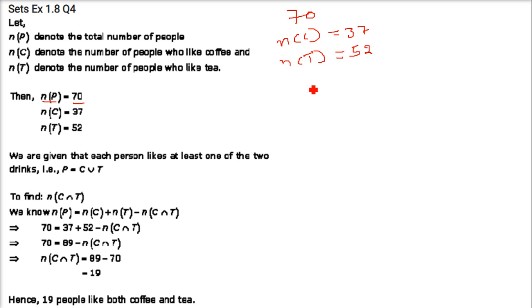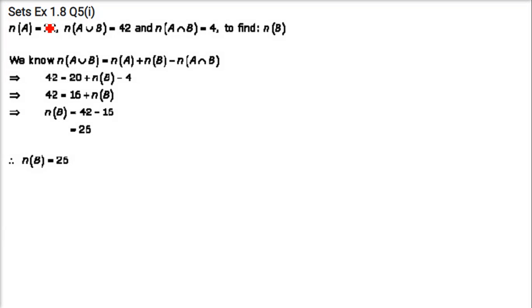How many like both coffee and tea? So coffee intersection tea we have to find out. Because the total number is given, and n(C) and n(T) are also given, we have to find n(C intersection T). This total is nothing but n(C union T). This is 70, this is 37, this is 52. n(C intersection T) will be equal to 19. So 19 people like both coffee and tea.